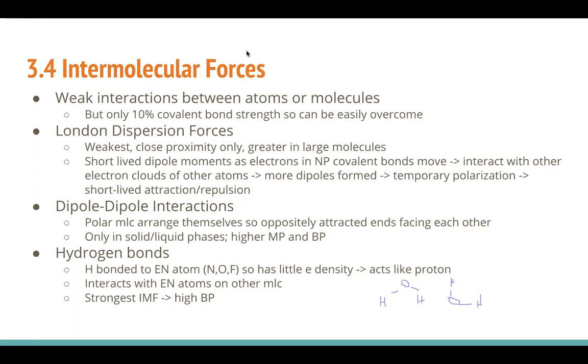Let me actually do this in a different color. So the oxygen is very electronegative. It's taking all of the electron density away from the hydrogens. And this oxygen is very electronegative because it has all of the electron density. So there's a hydrogen bond interaction that happens between the hydrogen and the oxygen, and there's kind of like a bond here.